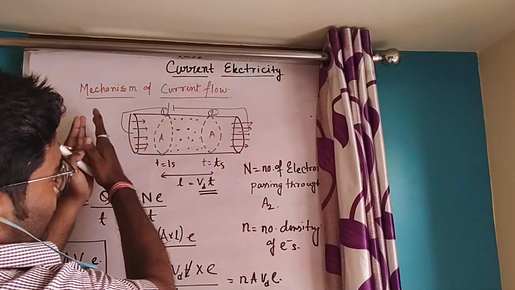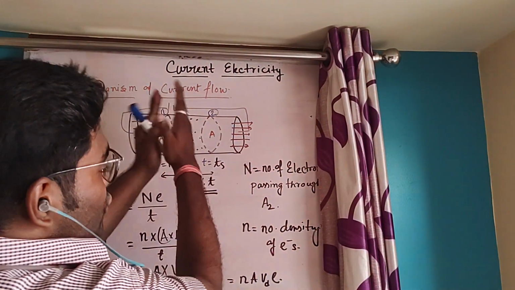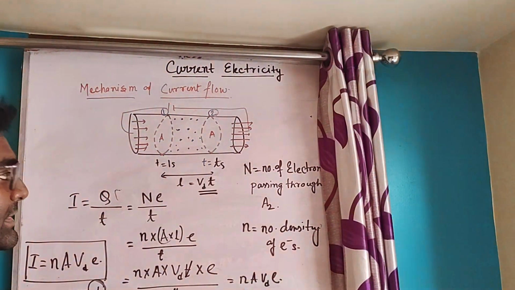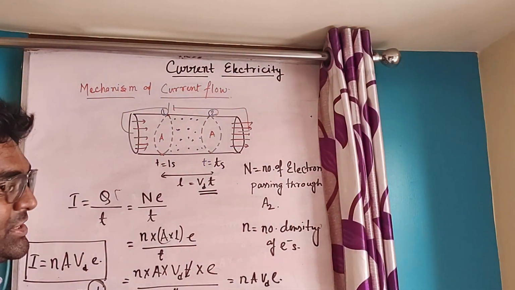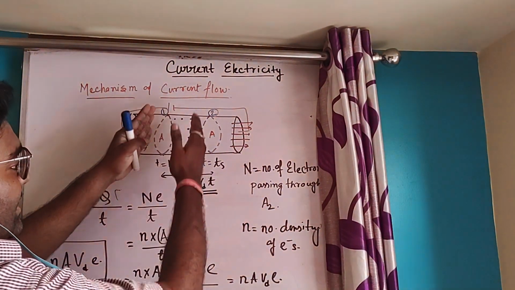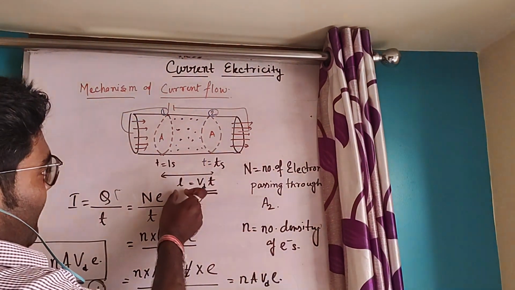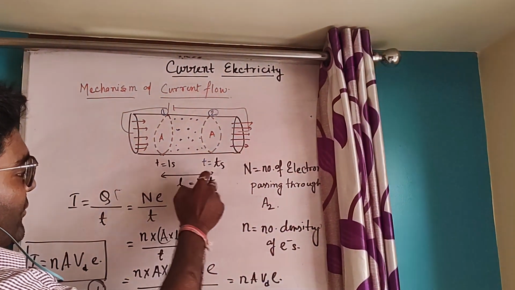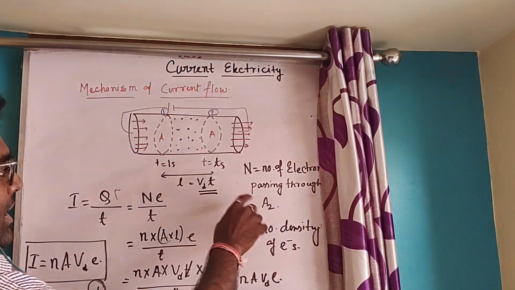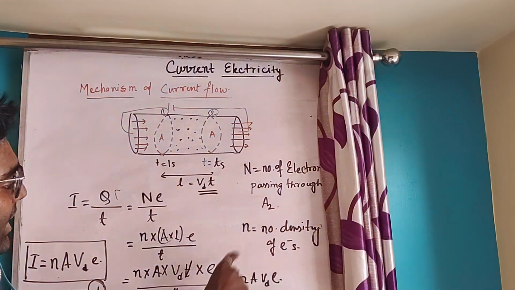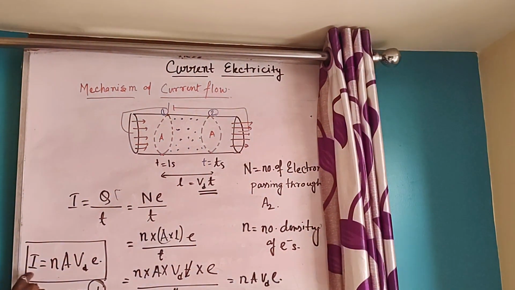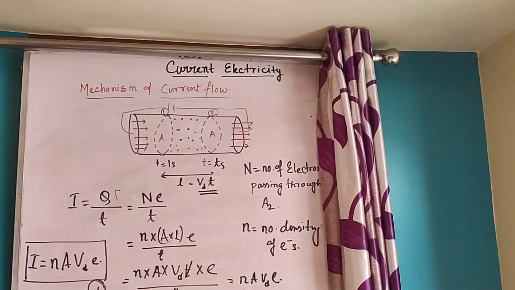That means the number of electrons passing through this surface area should be equal to the number of electrons passing through this surface area also, then only no accumulation of charge will take place. From there I have defined what L is: L is the drift velocity into time. N is the number density, and we have calculated this and ended up with current equal to n A Vd into e.